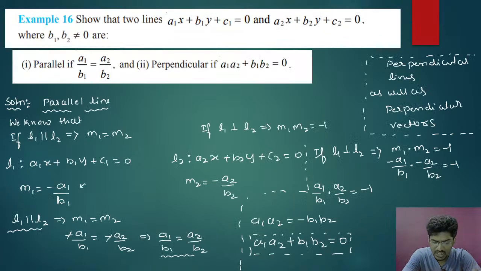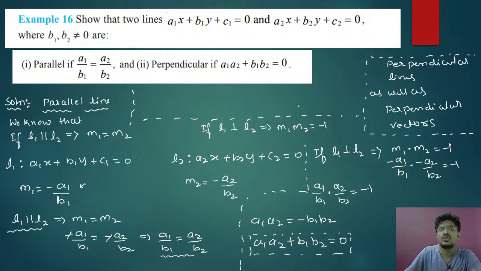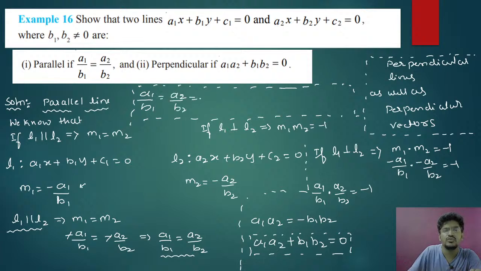You are going to learn it in the second year in 3 dimension. There you are going to learn it as, if L1 is parallel to L2, A1 by B1 will be equal to A2 by B2 will be equal to A3 by B3.